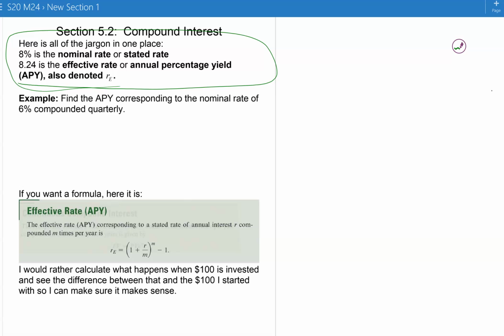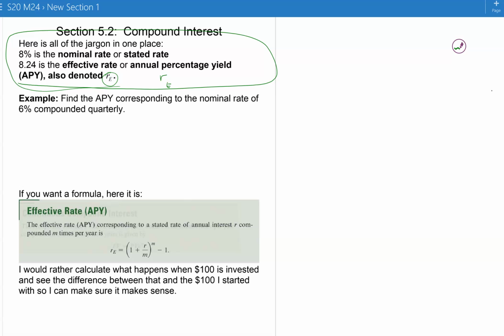So it kind of depends on if you're paying out money, you would probably call it the effective rate. If you're getting money from an investment, you would say the investment yields 8.24%. So this symbol, lowercase r, subscript capital E, is also commonly used for this effective rate.